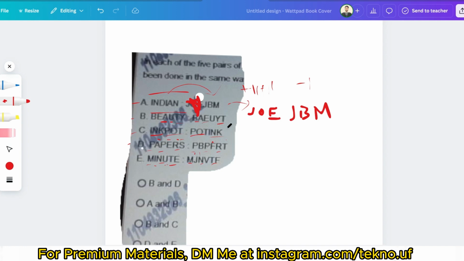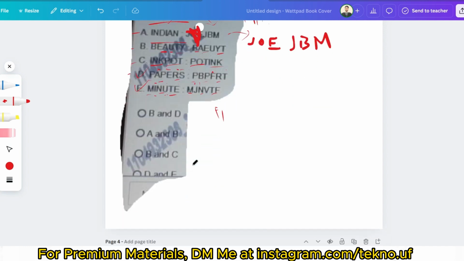So this is similar to D and E. Here also the first alternatives are at the same position, but the next alternatives A, E, S are being +1. Here also M, N and T are at the same position. Next alternatives I, U and E are being +1, right? So that's why D and E will be the correct pairs which are following the same pattern.